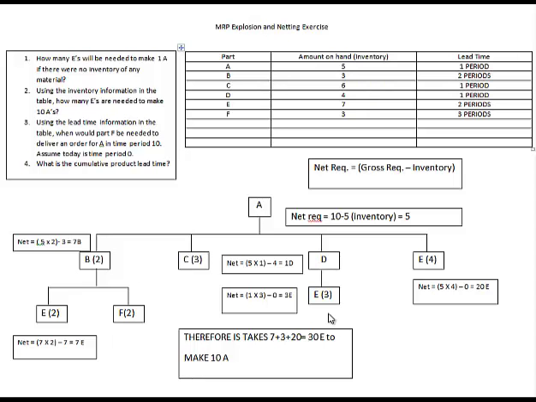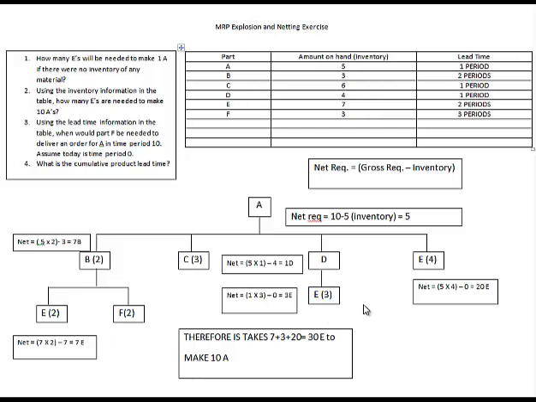Now we only have 7 E's in inventory, so we can only use them one time in our calculations, and we've already used up the 7 E's when we went through the path A to B to E. So essentially we have no more E's that we could use to satisfy D's, so therefore the inventory is 0, and it takes 3 E's in order to make the 5 A's going through the path A to D to E.